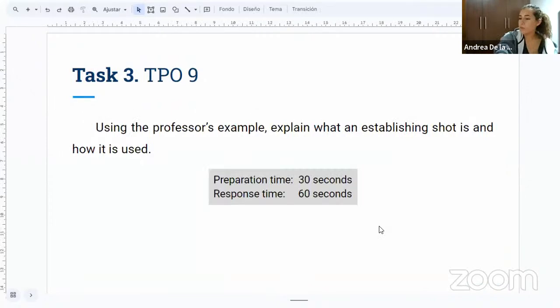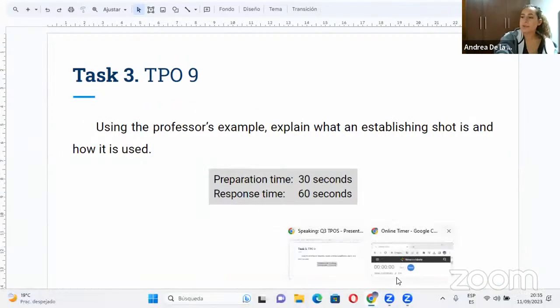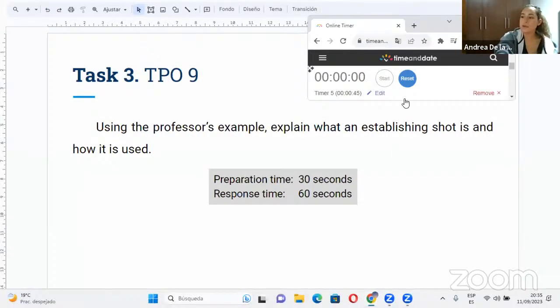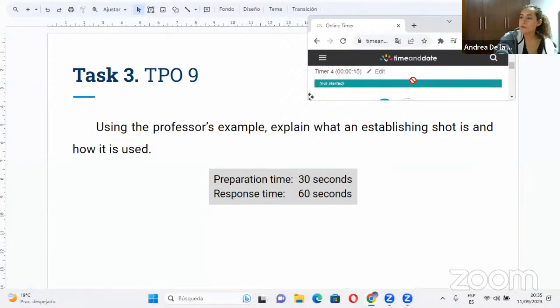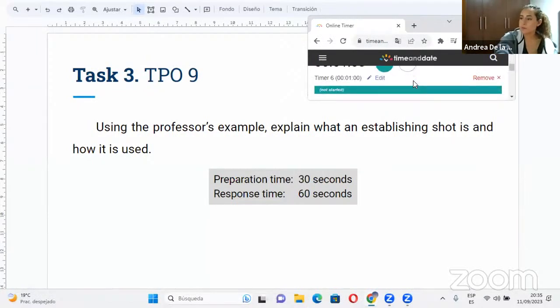Okay. Now, using the professor's example, explain what an establishing shot is and how it's used. And now you guys will have 30 seconds to prepare your responses.